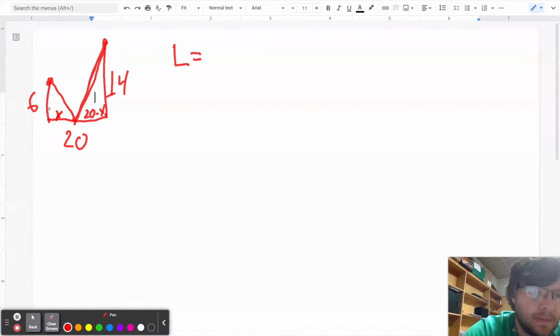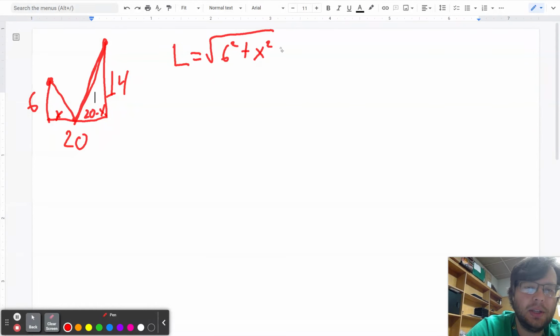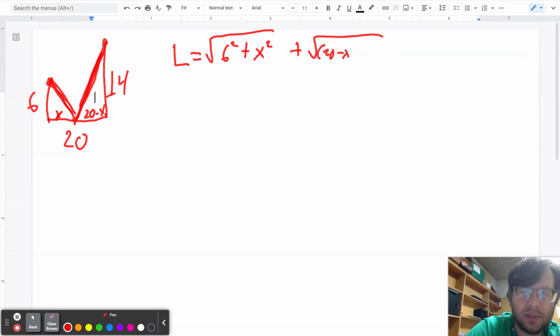The first one is a squared plus b squared equals c squared, so you take the square root of that to be the length of the first chunk of the wire, like this length right here. And then the second chunk of the wire is the square root of a squared plus b squared.